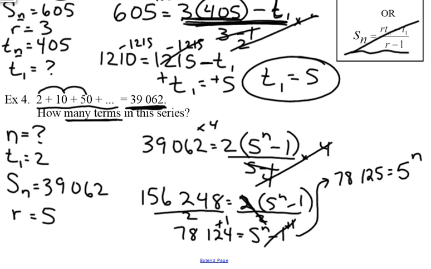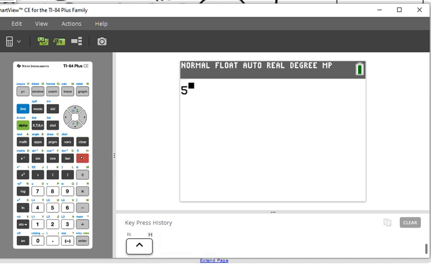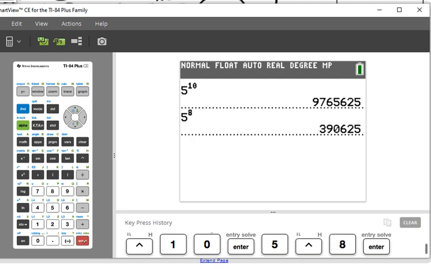How do we figure out what an exponent is? The only way to get an exponent is to guess and check. So 5 to something will equal 78,125. On our calculator, let's try 10. That's too much. So let's try 5 to the 8: 390,625.